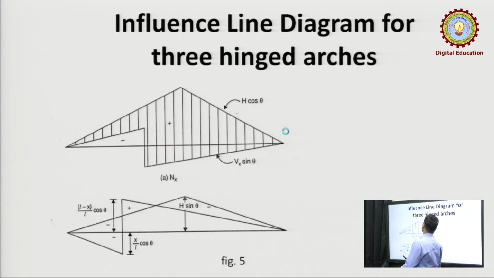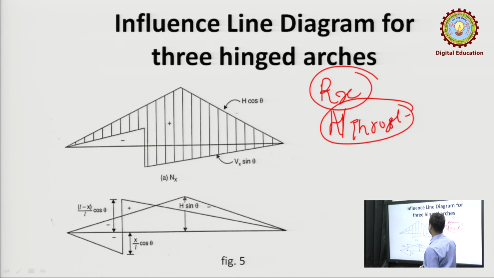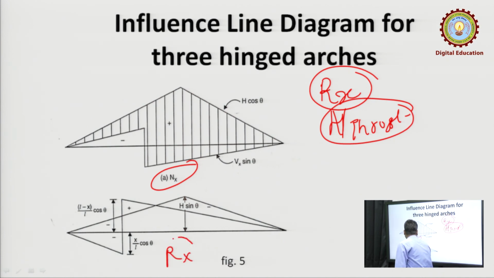So this was your influence line diagram for normal thrust and radial shear. The first is for normal thrust, and the second is for radial shear.